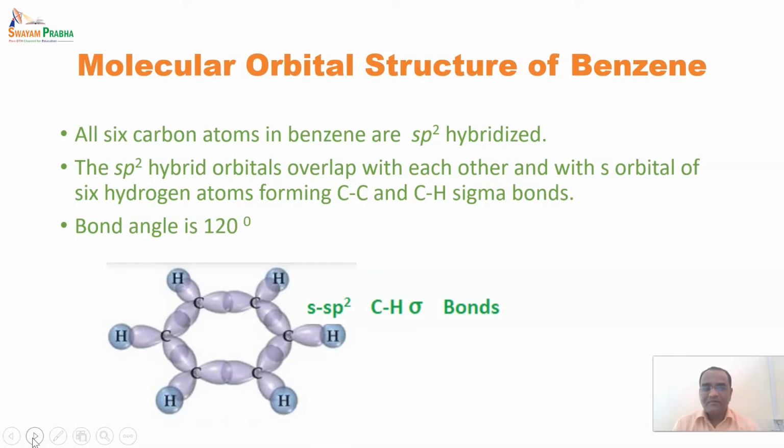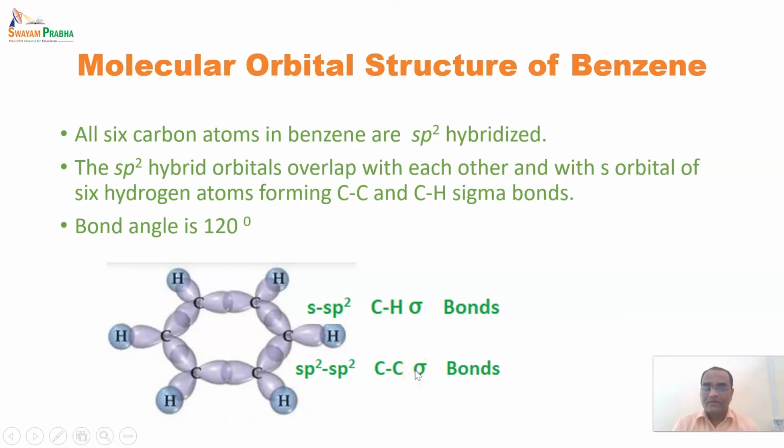These sigma bonds are formed by the overlap of the s orbital of hydrogen and an sp2 orbital of carbon, and it forms a sigma bond. In the case of a carbon-carbon bond, it forms between the sp2 of one carbon and the sp2 of another carbon, and it forms a sigma bond.